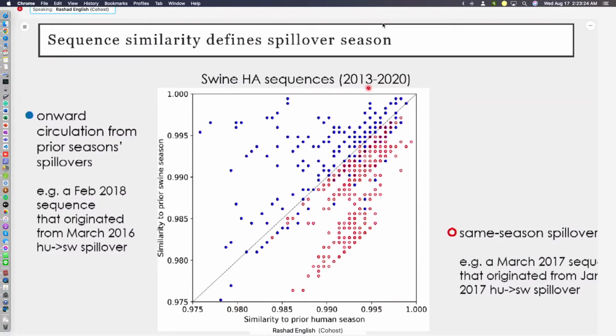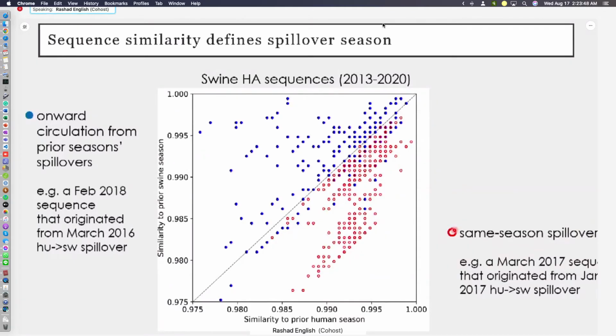The sequences are color-coded here. A red open circle represents, I think it might be a bit truncated, I'm not sure if you can see it, what we call same-season spillovers, and they represent HA sequences that were collected in the same season as the spillover from humans to pigs occurred.